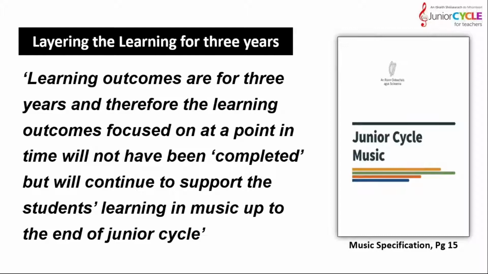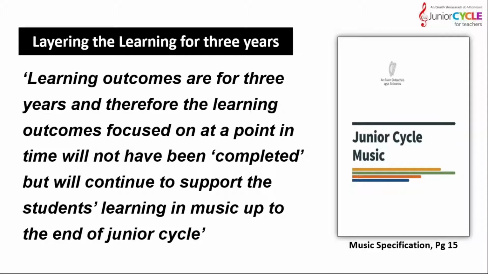Therefore, the students will engage with some of the learning across the 36 learning outcomes in first year. This learning will be revisited and engaged with at a much deeper level in second year, with the full realization of the intended learning of all of the learning outcomes being attained in third year.